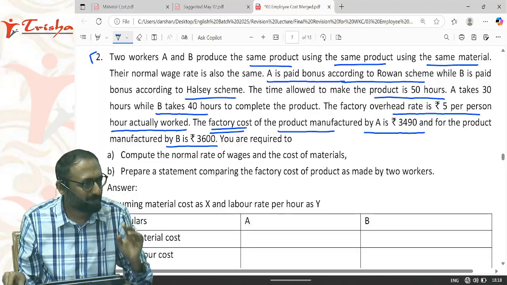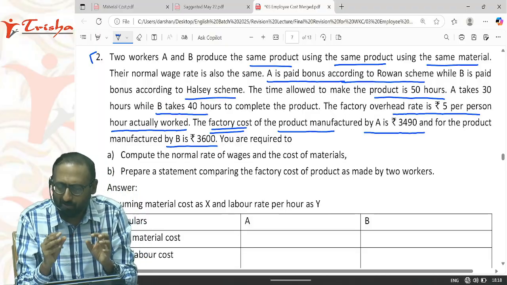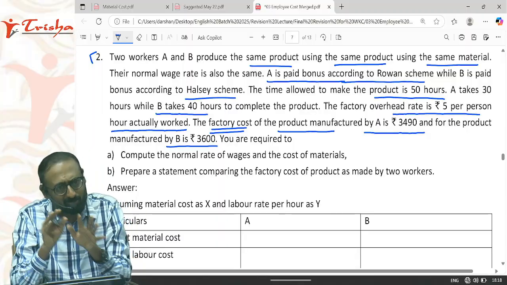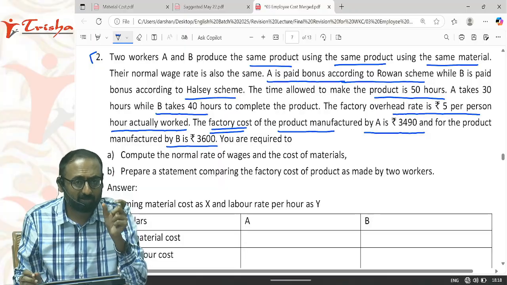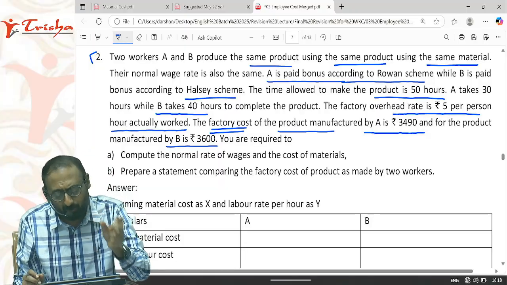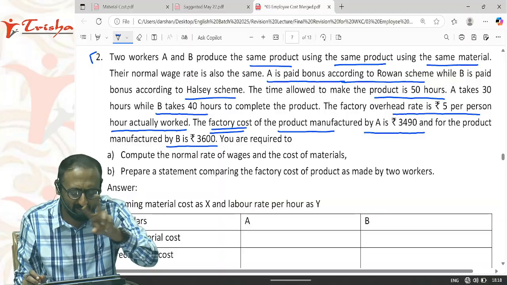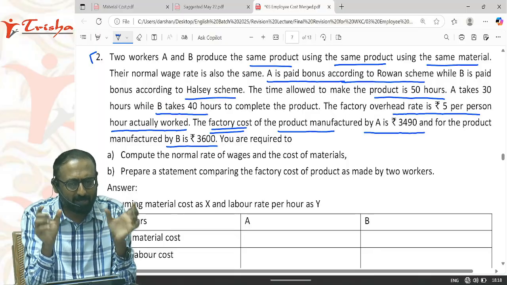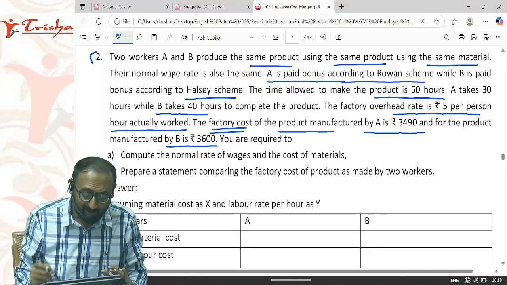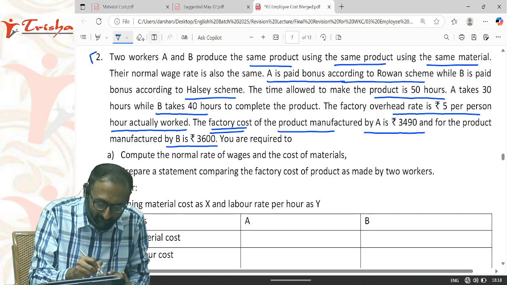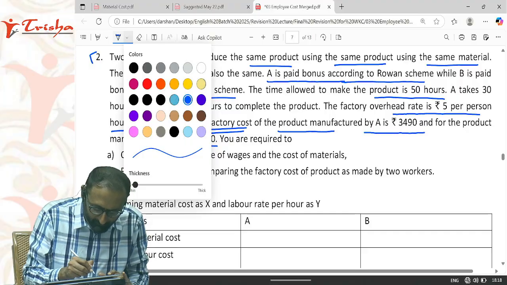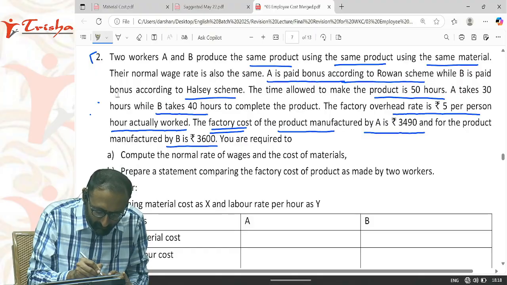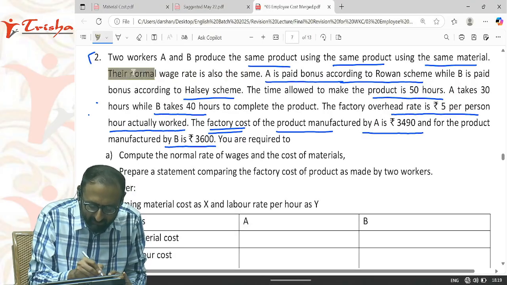Now I will assume in this question that the material cost used by A is X, and the material cost used by B is also X, because in the question it is given that both workers produce the same product with the same material. So I will assume that material cost is X. And you can check that their basic wage rate is also the same.